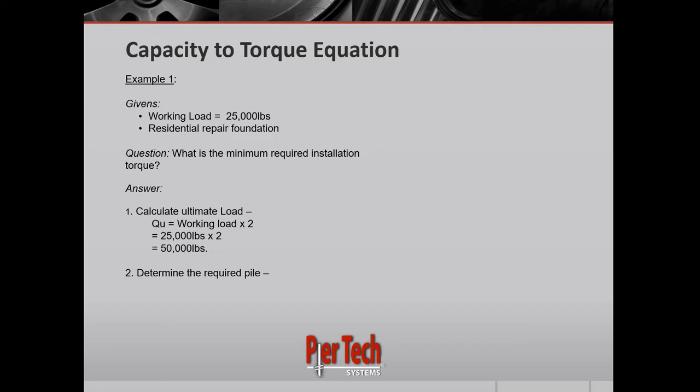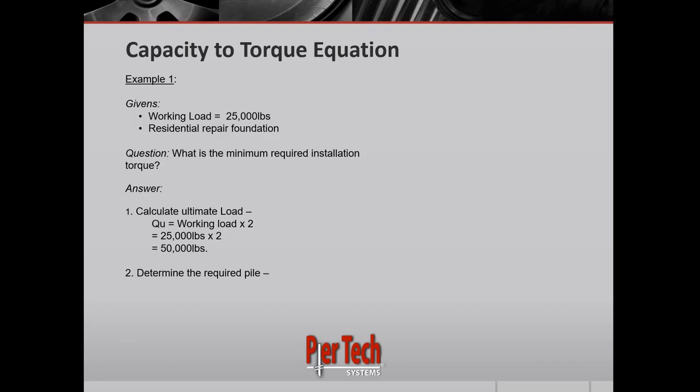Step 2 is determine what is the required pile. For this step, you'll have to go back to the previous section and understand what the maximum load capacities are for the different pile types, and also what applications fit them best. As you recall, you typically want to use round shaft for compression applications and square shaft for tension. For a residential underpinning where you're supporting the foundation, that's a compression application. So you want to choose the round shaft material.